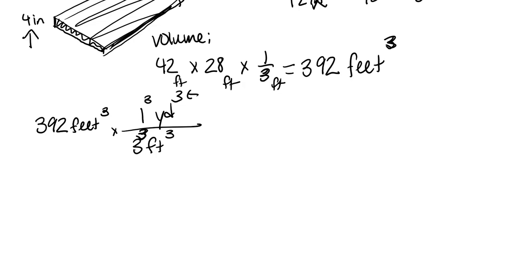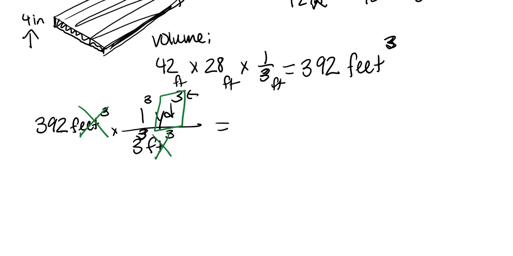So we have 1 raised to the 3rd power, 3 raised to the 3rd power. So now we can go ahead and multiply. Because what happens is, right, we get rid of the feet and we're left with yards cubed. So we did it right. And so now we can go ahead and multiply.